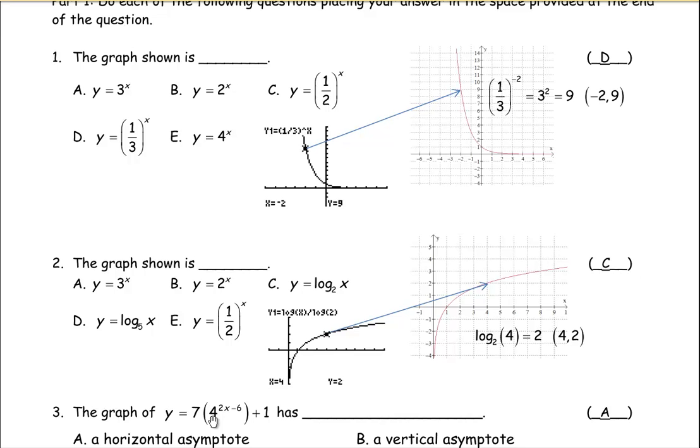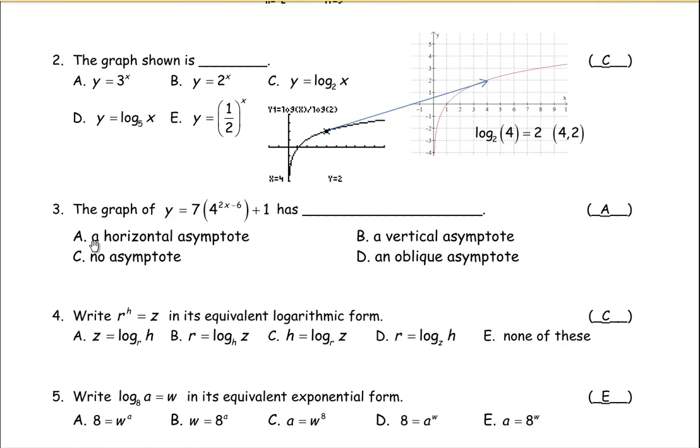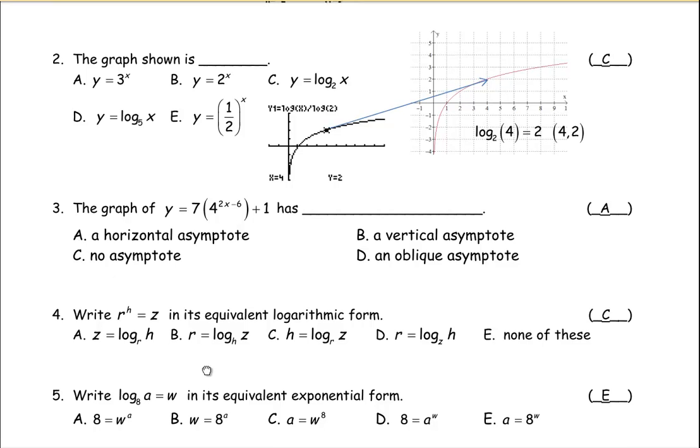This particular one, the base is 4, so that would be the kind that would go asymptotically down here and then increase very rapidly once you get in quadrant 1 to the right of the y-axis. The +1 actually moves the horizontal asymptote up 1 unit, so it wouldn't be asymptotic to the x-axis, but y equals 1 instead. But that's irrelevant here. It has a horizontal asymptote. That's what you're asked. So A is the correct answer for number 3.